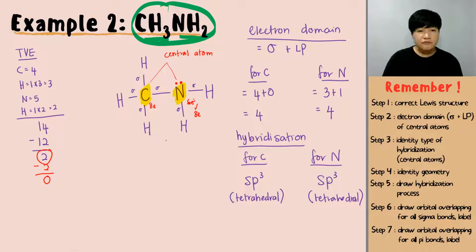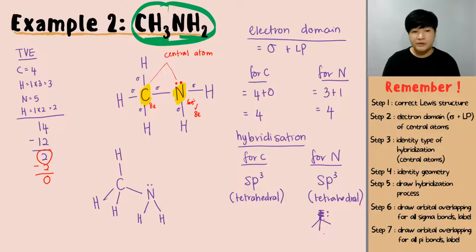So we can redraw your Lewis structure where carbon will be in the shape of tetrahedral, with your hydrogens bonded. And your carbon will be bonded to a nitrogen that has a lone pair, with trigonal pyramidal shape. Remember when you have a tetrahedral and then you have a lone pair, you will substitute one of the bonds with the lone pair. That is your trigonal pyramidal.